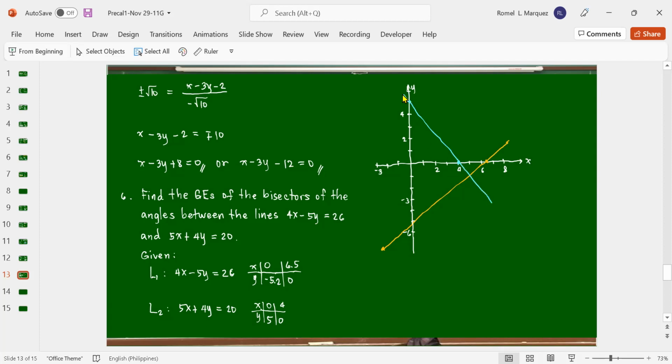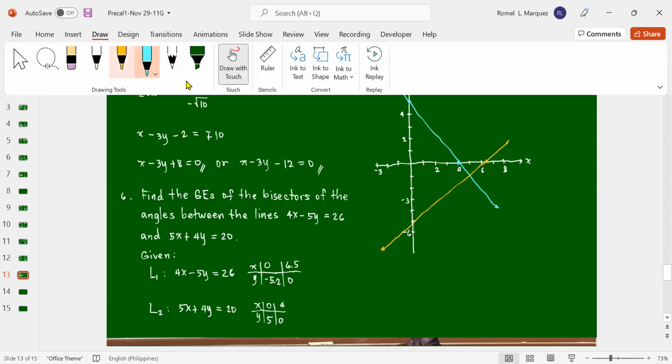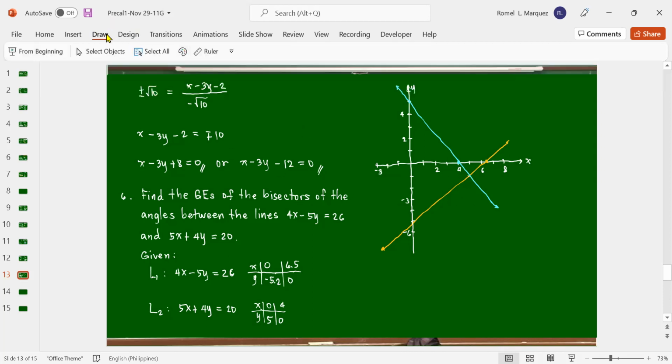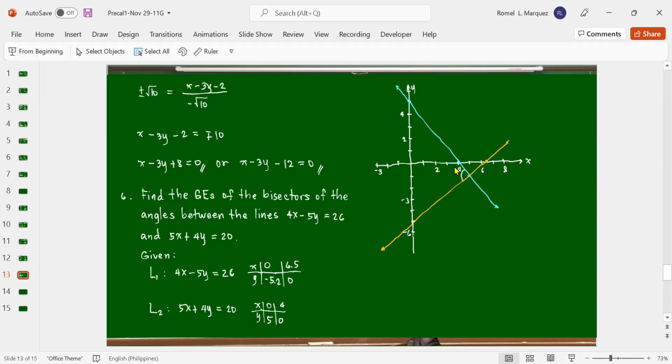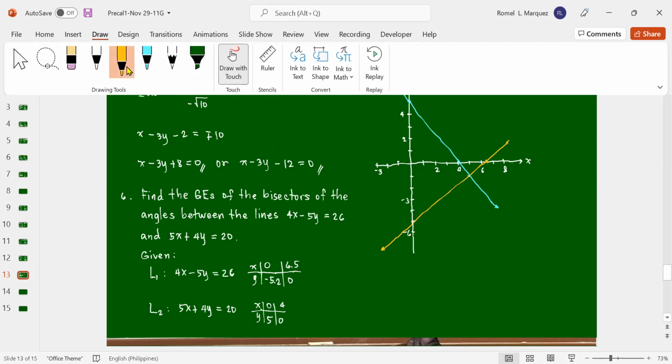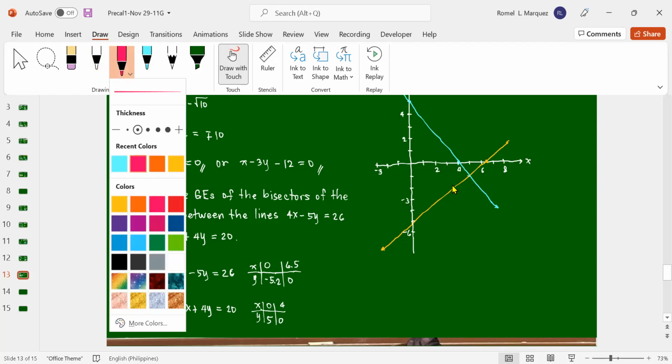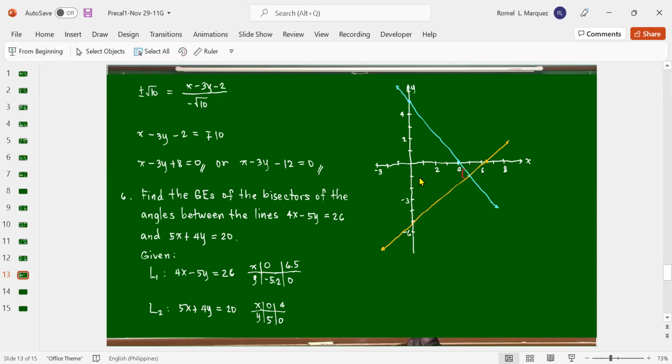Okay? Actually, the lines are perpendicular. So the line bisecting this angle is bisected by what? By this, no? Let's check.